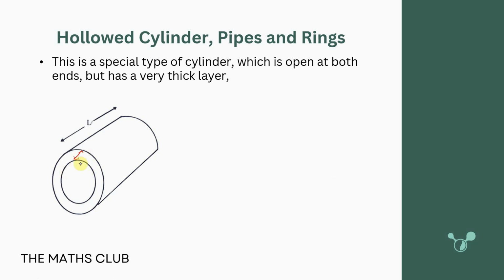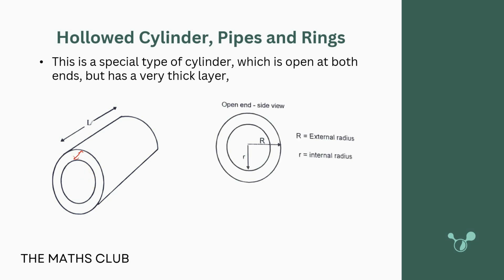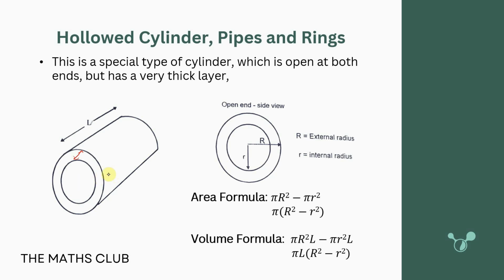You can see that it is very large. So we have two circles there. We have this outer circle with radius R, and we have the smaller circle with radius small letter r, and this is the length of the pipe. So for the area, remember this, all this inside here is free, right? In the pipe, this inside here is free now.